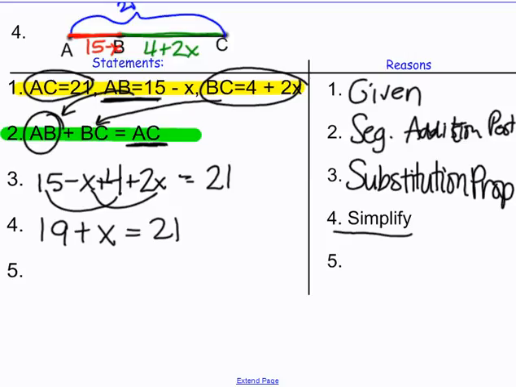So I've simplified. Finally, we can get x alone. How are we going to do that? We're going to take 19 away. X then is 2. And what did I do? That was subtraction property of equality.